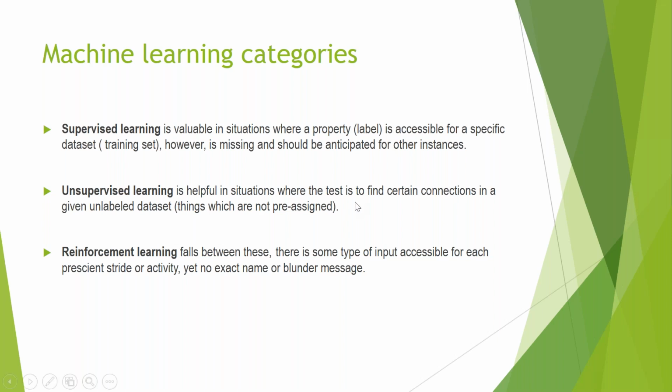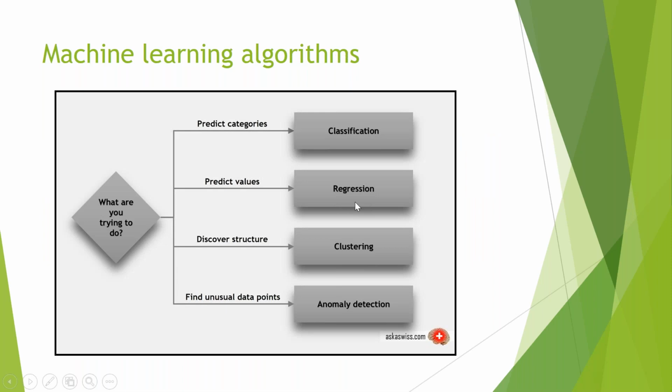Now, coming to machine learning algorithms, the most common machine learning algorithms can be grouped into 4 categories based on what you're trying to achieve with your data. I got this visual from askaswiss.com, and what it is trying to say is, if you're trying to predict categories, then you use the classification algorithms.